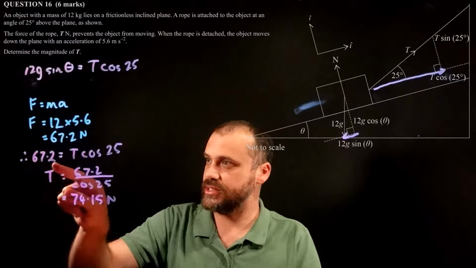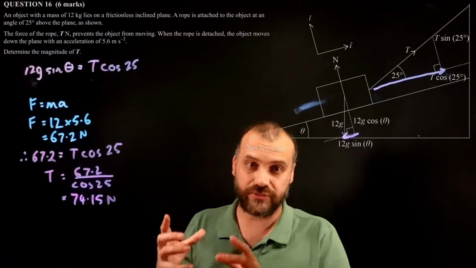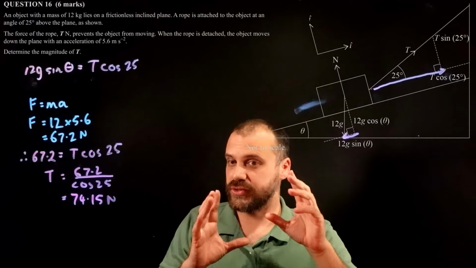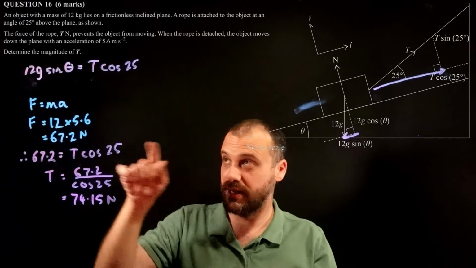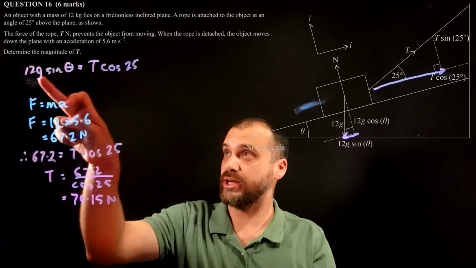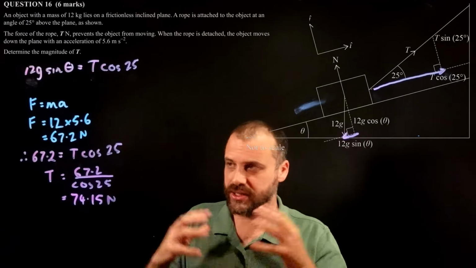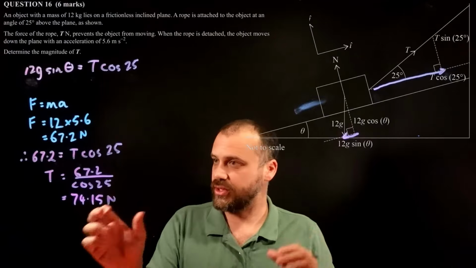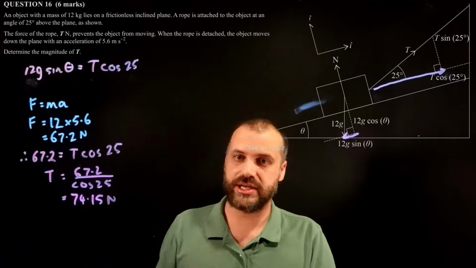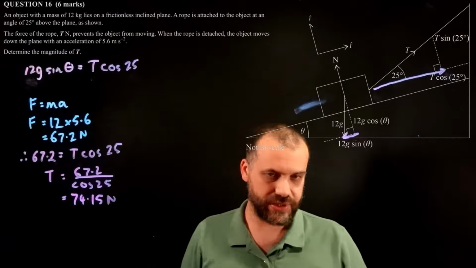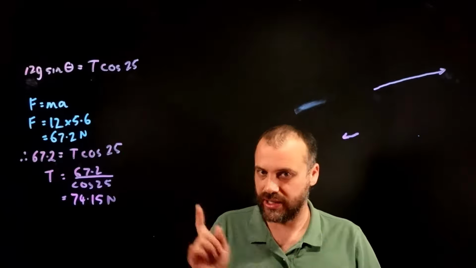So you can say 67.2 equals this, solve for that angle theta, and then put that angle into this equation and solve for T. That feels like extra steps to me that are not necessary. I think we can jump straight to solving T cos 25. Okay, celebrate.